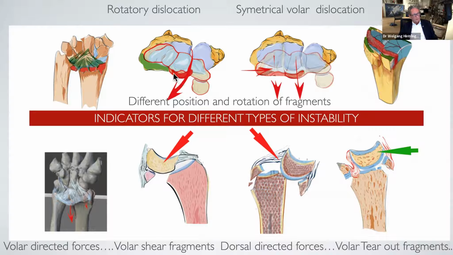These small volar key fragments can only be on the ulnar side, on the troublesome sigmoid notch, or the whole volar margin. And then you have a rotatory dislocation with an ulnar fragment, or a symmetrical volar dislocation with the whole volar margin.